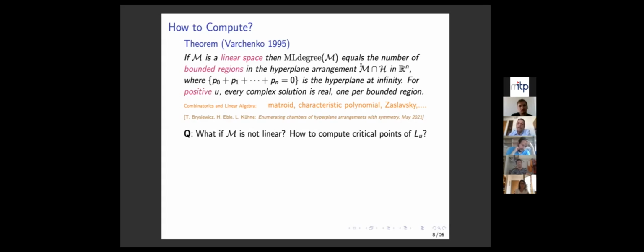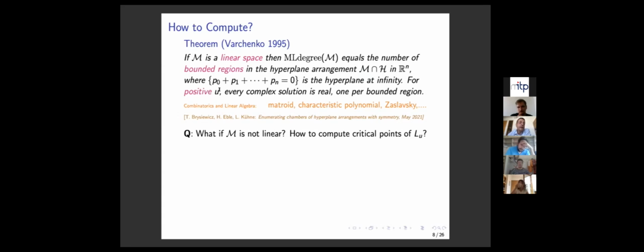So I have my linear space, say of dimension d. I intersect it with this hyperplane arrangement where I've taken my special hyperplane at infinity. So this will be an arrangement of n+1 hyperplanes in affine d-dimensional space, and then the bounded regions count the number of critical points.